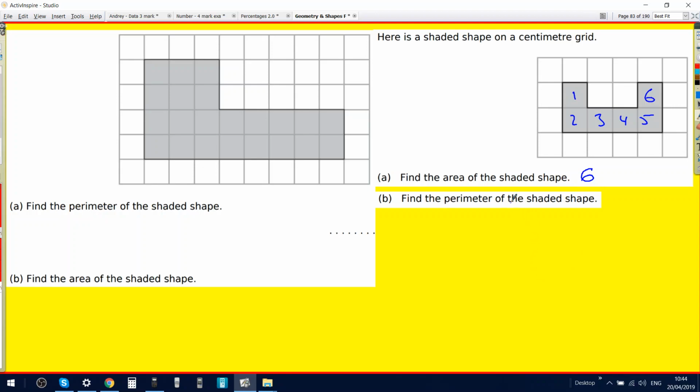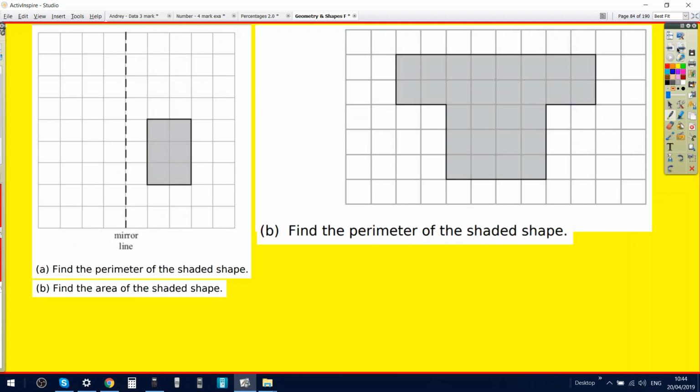Is that just adding all the sides together? Yeah. So 1, 3, 7, 9, 10, 11, 12, 14. That's good.